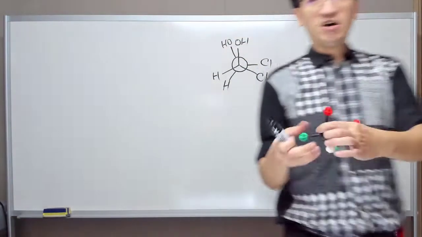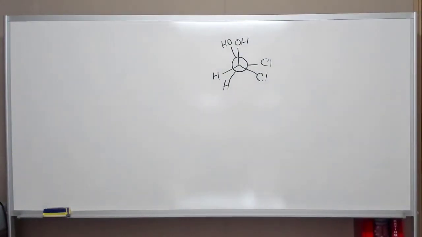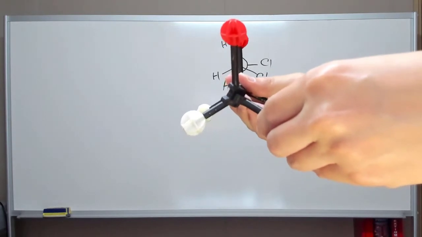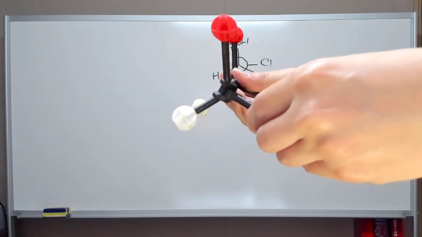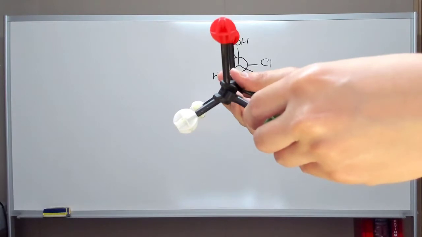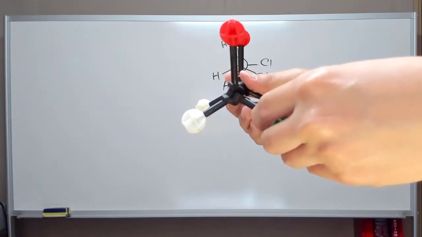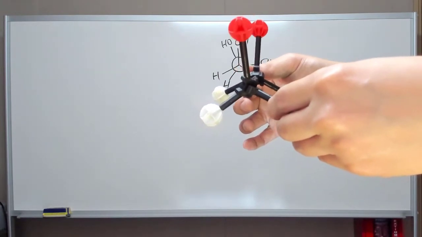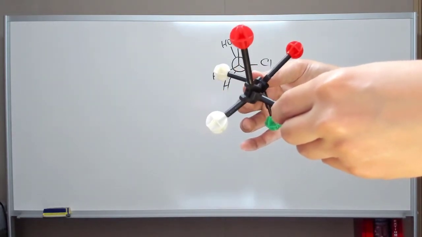Later on, what you can normally tell the students to try is to do a bond rotation 60 degrees clockwise. So over here, I'll do a 60 degrees clockwise rotation. I'm just going to put my hand here to rotate it 60 degrees like this.